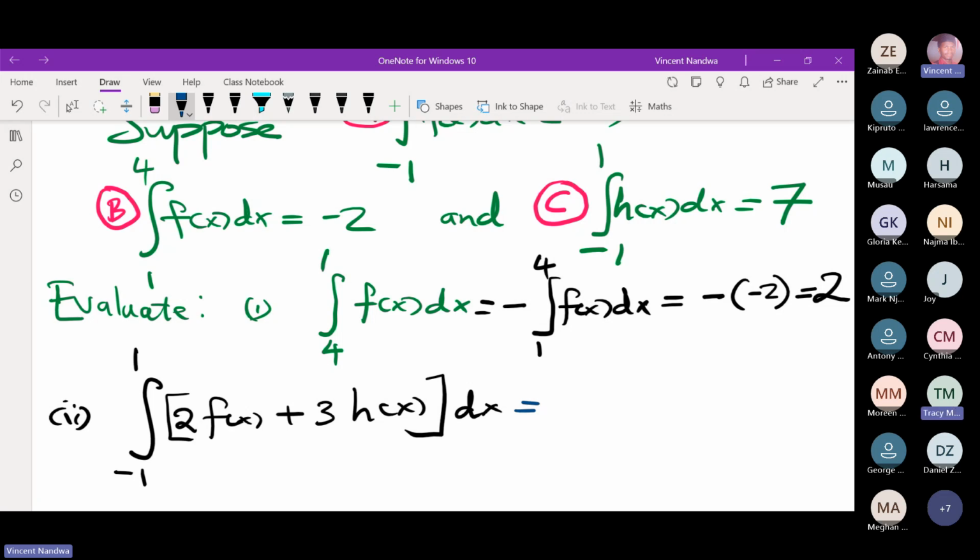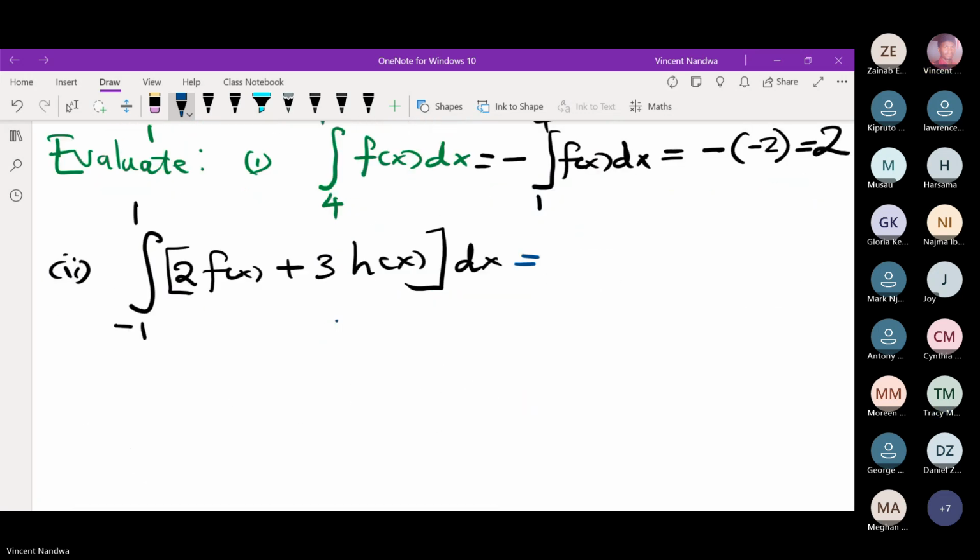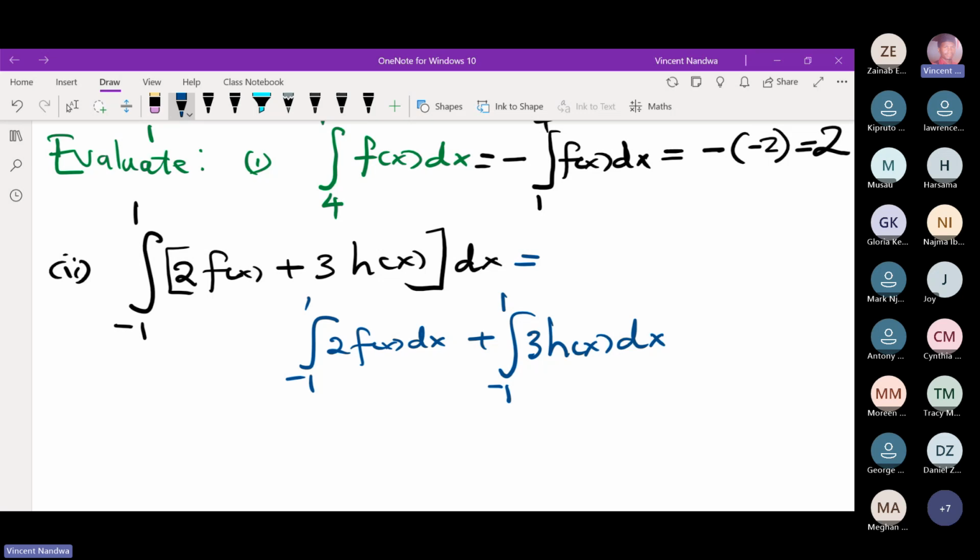So we'll have the integral from -1 to 1 of 2 f of x dx plus the integral from -1 to 1 of 3 h of x dx. That's the first thing. Then how can we rewrite the first integral?